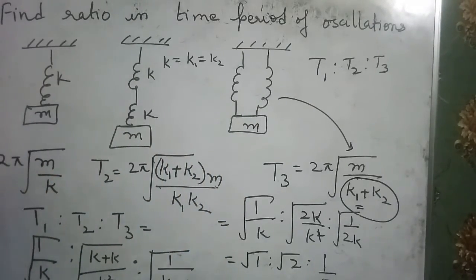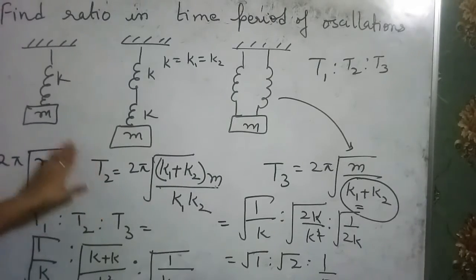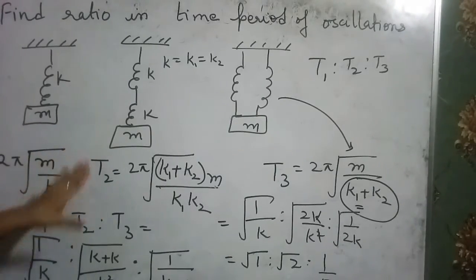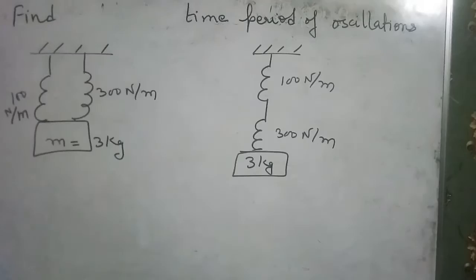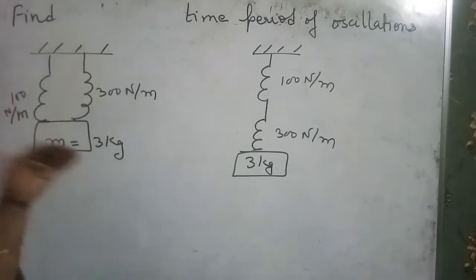Please remember these formulas. I have taken this question so you can easily find the time period for the oscillations in every case. Let's do one example regarding these concepts.